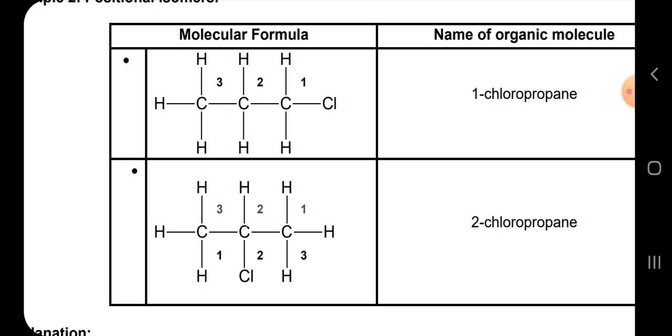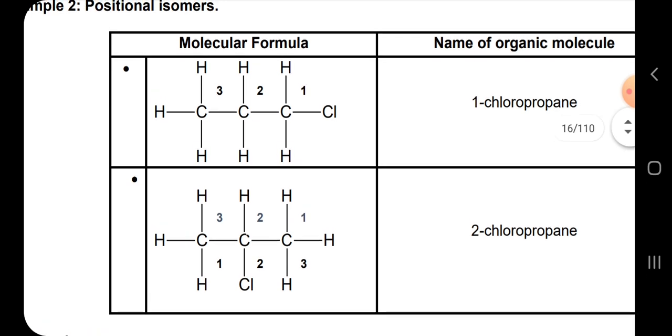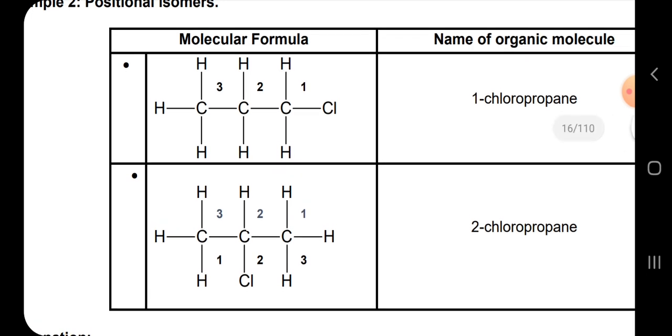We just number the C closest to the functional group as number 1. Even at the bottom, because we just have 3 C's and this one is in the middle, we can do the one on the right as number 1 as well. So the number 1 C should be the one close to the functional group.